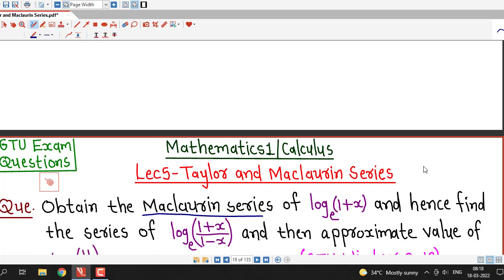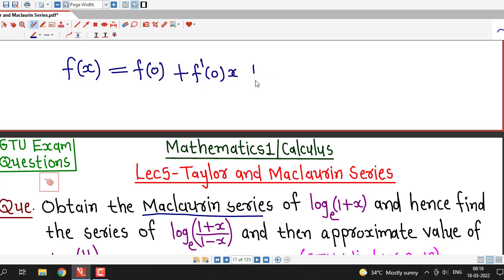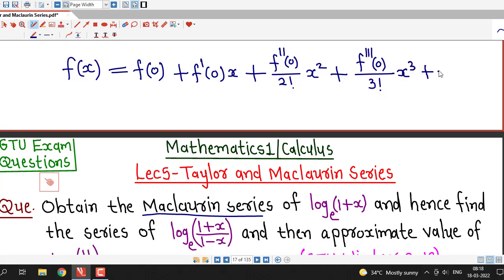We know that Maclaurin series is Taylor series of function f(x) at x equal to 0, and Maclaurin series of function f(x) is given by f(0) plus f'(0) times x plus f''(0) divided by 2 factorial times x square, and third derivative at 0 divided by 3 factorial times x cube, and so on.